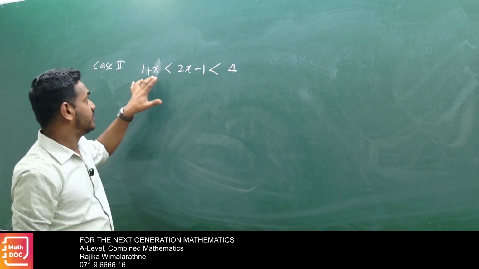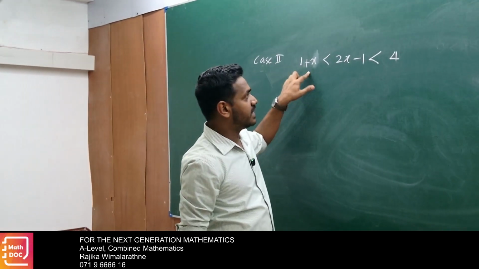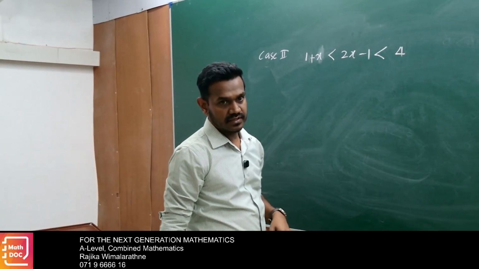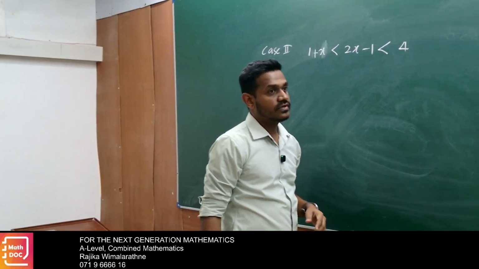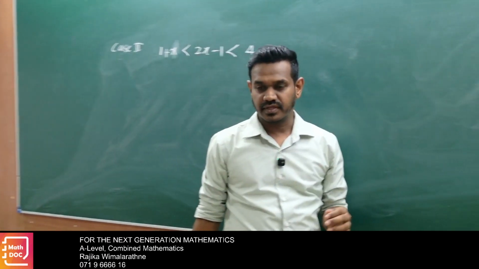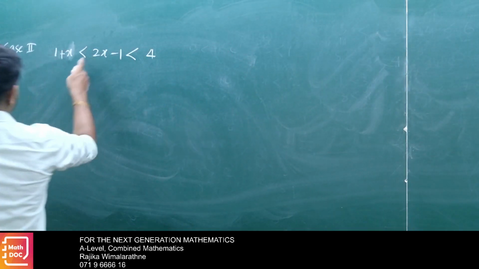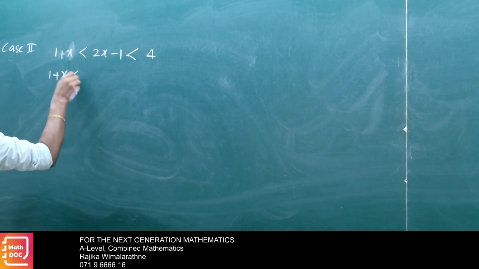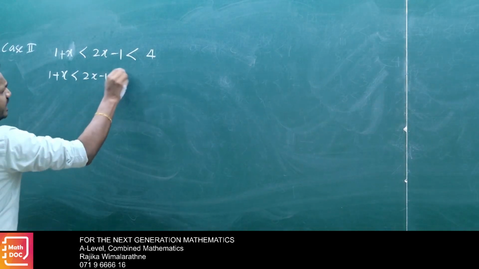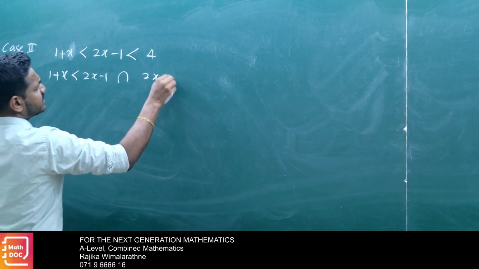But here we have a constant on this side and a constant on that side. Now you split them: 1 plus x less than 2x minus 1 and 2x minus 1 less than 4.